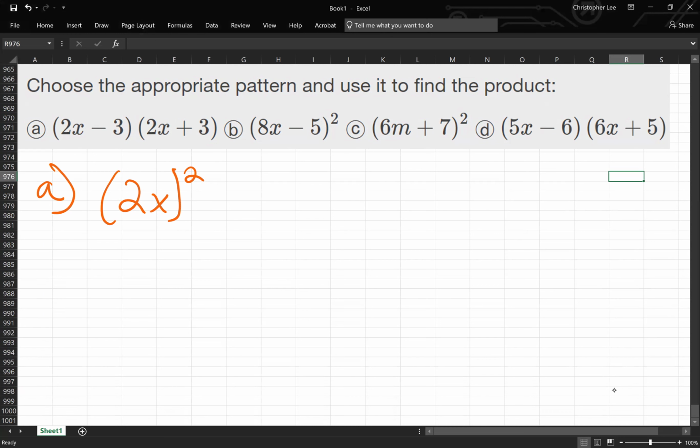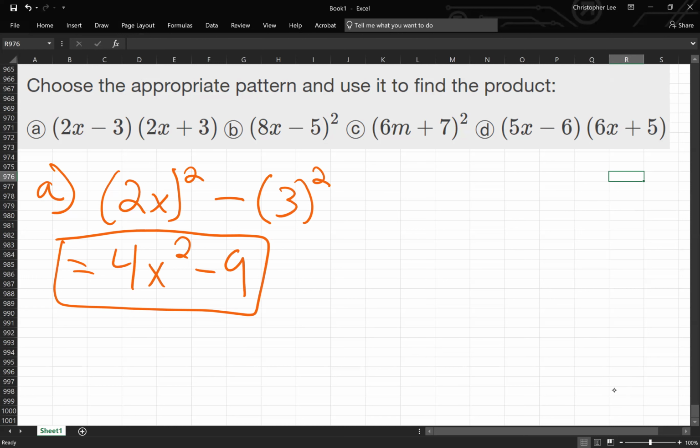You're trying to do it in your head. I'm just going to follow the pattern. The middle terms cancel out. Minus 3 squared. So the final answer is 4x squared minus 9. How did I know to do that? One of these was a minus, one of these was a plus. That's simple.